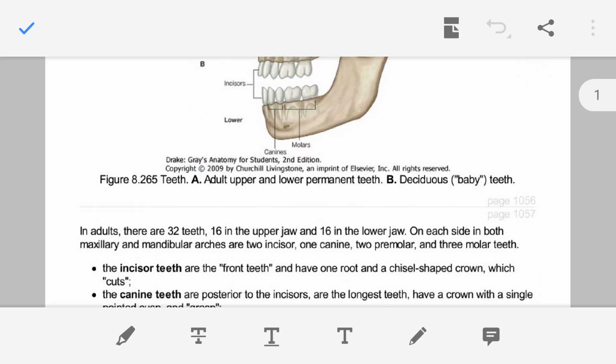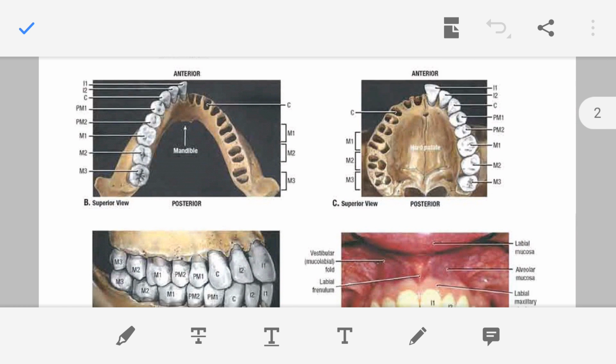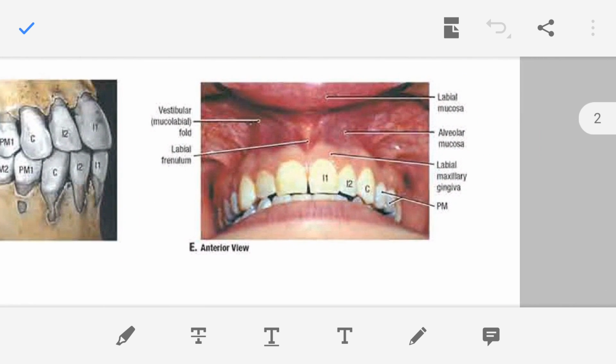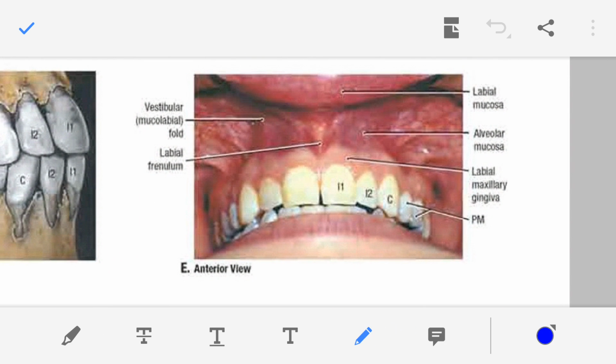So in the figure I am showing you the gum. For example, these are the teeth, and as you can see, this light pink color portion is the gingivae, the gingivae of the maxillary teeth.